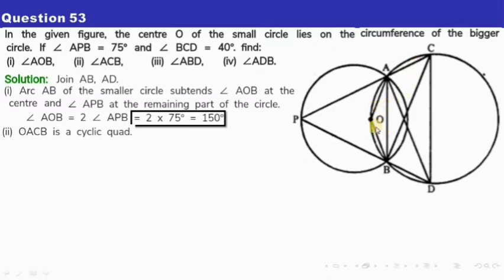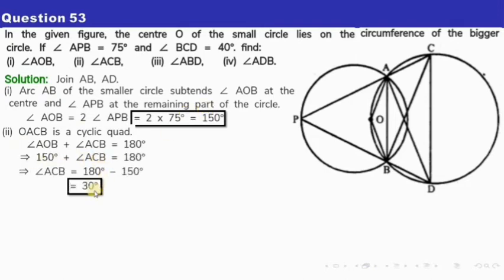All right, now AOB plus ACB will be equal to obviously 180 degree because they are opposite angles of a cyclic quadrilateral. All right, now do we know AOB? Yes, we know AOB to be 150 degree. So from here ACB turns out to be 30 degree. So this is my second answer. All right, so my angle ACB will be 30 degree.